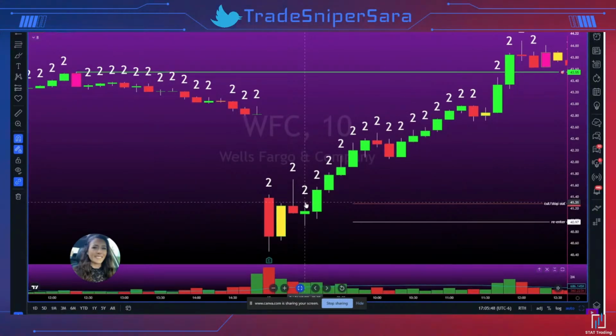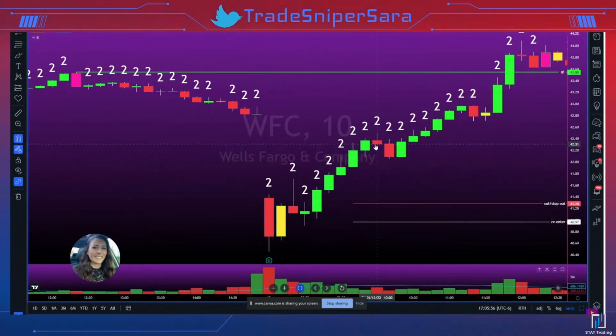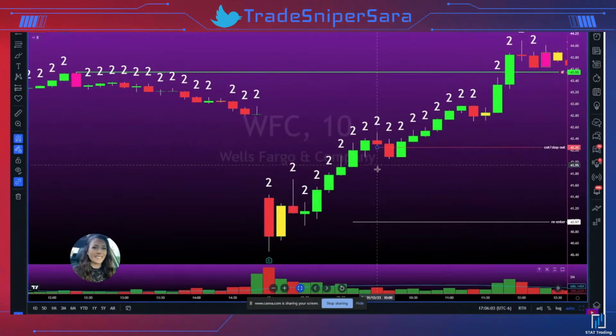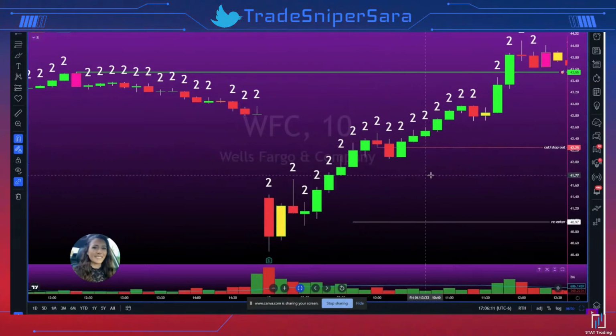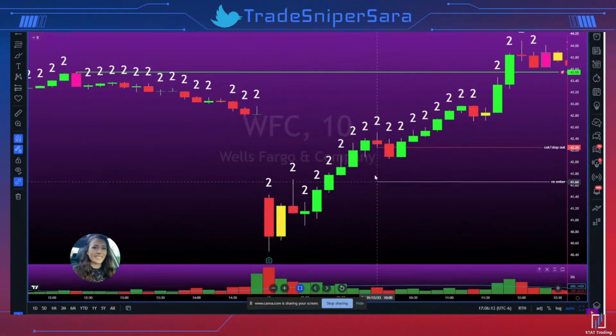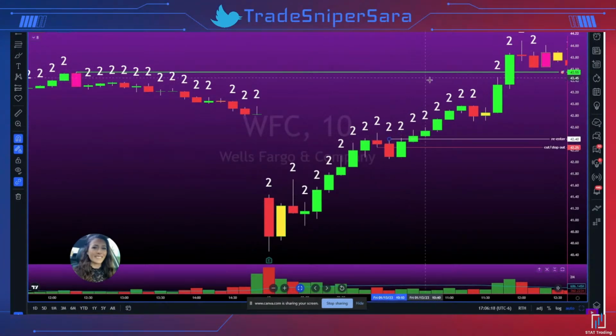So let's say you entered this trade from this 2 down, 2 up, and you know your daily target is up here, okay? Well, even though you have more magnitude on the daily, you can always cut your position here because you don't know how deep this retracement might go. So there's no shame in cutting it and then re-entering when you know you still have more magnitude ahead.